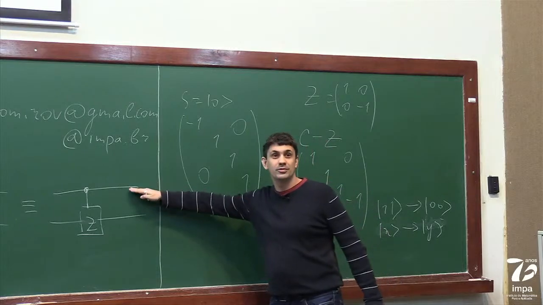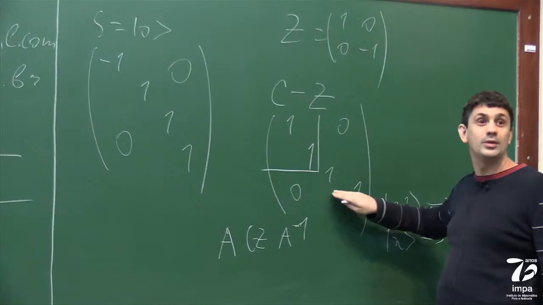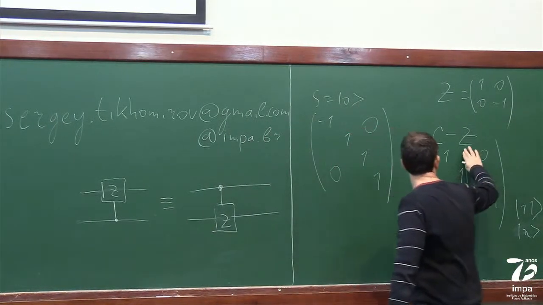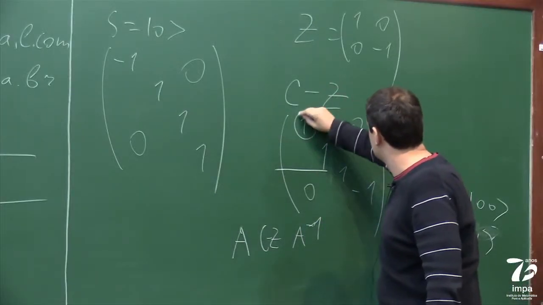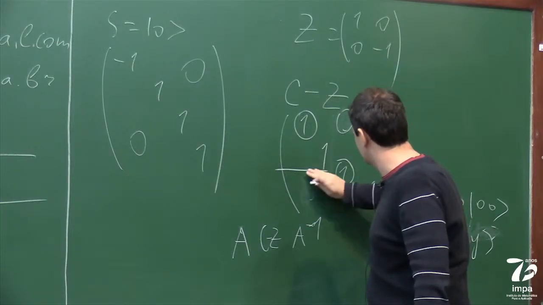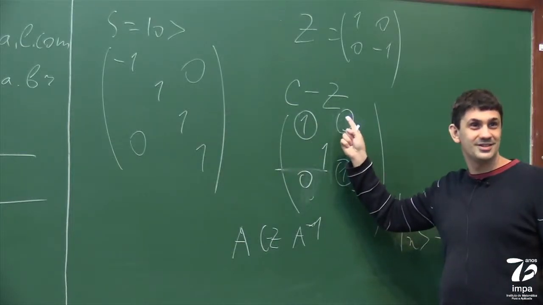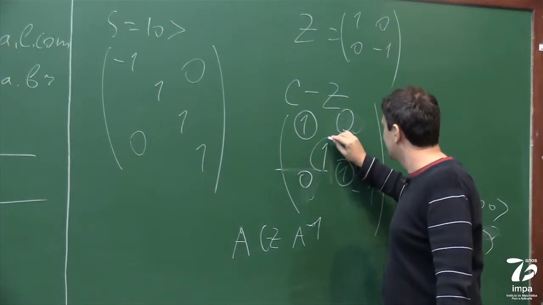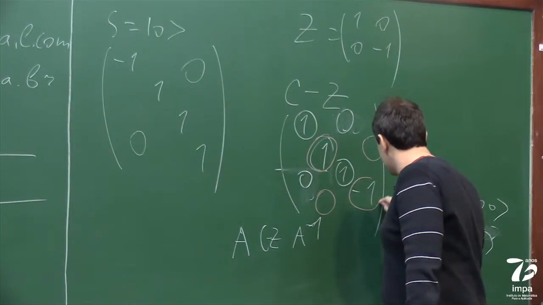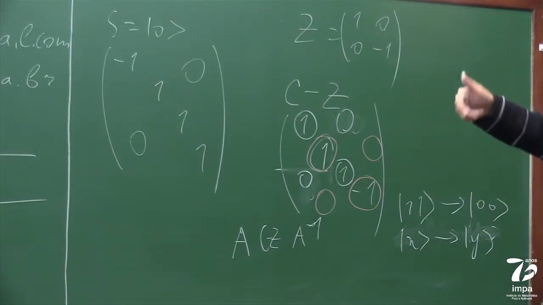Because this operator should put here 1, 1, and here 1, minus 1. And this operator should put here the identity operator and here the Z operator, because this is just a reordering when we switch them.